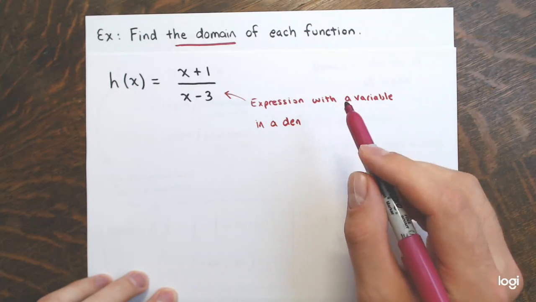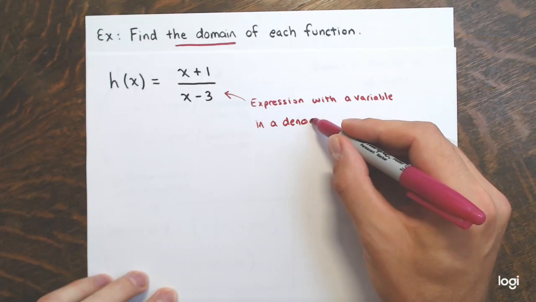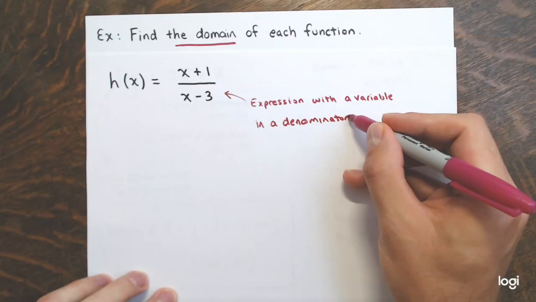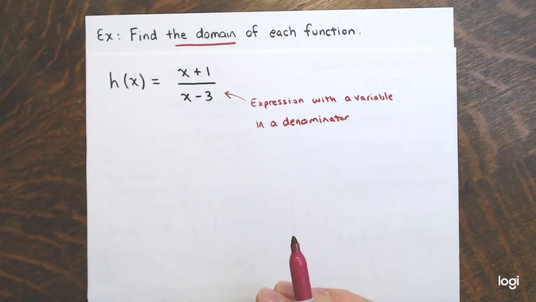And I don't care for that. I mean, it's fine. You can have an expression with a variable in a denominator. It's just, remember, denominators can never be 0. If I divide by 0, as I mentioned, that does not yield a real output.